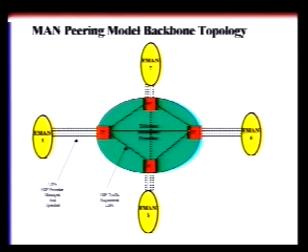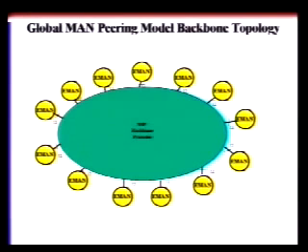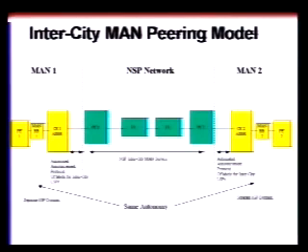So how do we do this is the question. What we get is a model where everything is opaque to the MAN provider, and it's a peering relationship. In the peering model, we have an NSP that runs his traditional network. It's a packet-based network, probably running MPLS, and he offers this intercity MAN service or a downstream hierarchical kind of service.